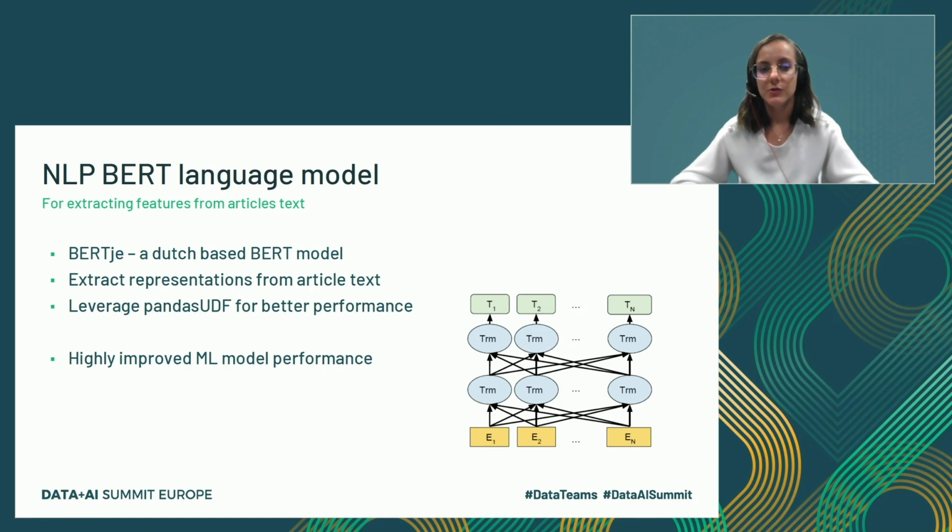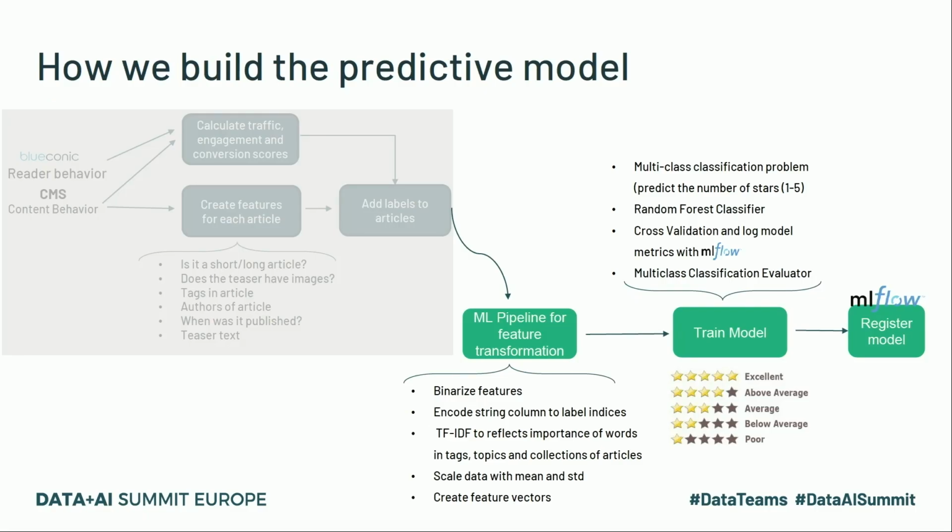Therefore, we leveraged Pandas UDFs, Pandas user-defined functions, to use this model directly from the Transformers Python library. Using the BERT language model to extract representations from the article text really improved our machine learning performance a lot. It was really a good choice.